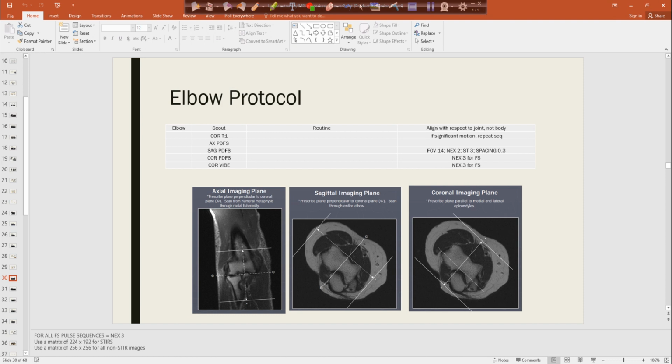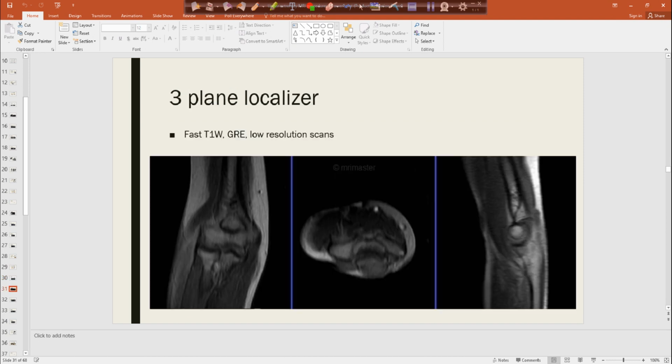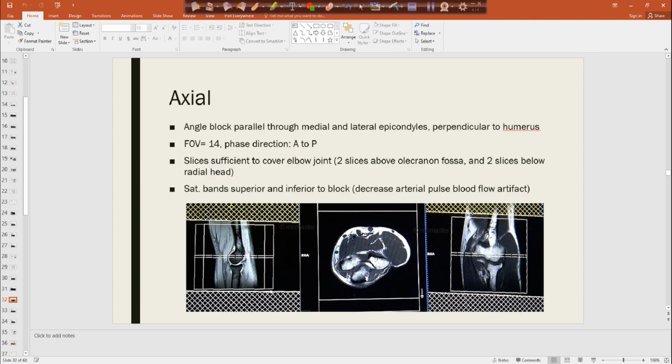Once again, looking at the protocol, 3 NEX for fat sat, slice thickness 3 millimeters. Here's our localizer. You can put sat bands above and below to reduce flow artifacts from the arteries and the veins.